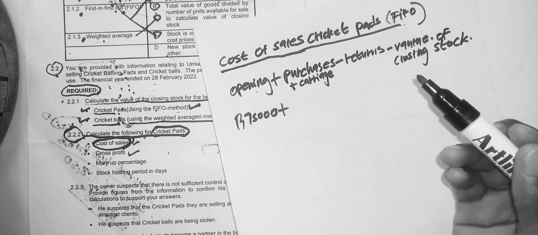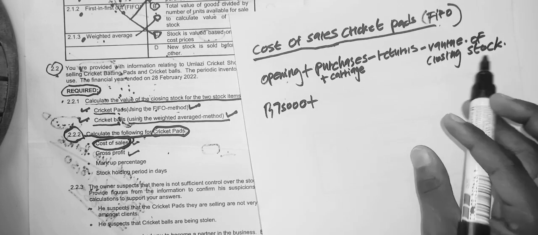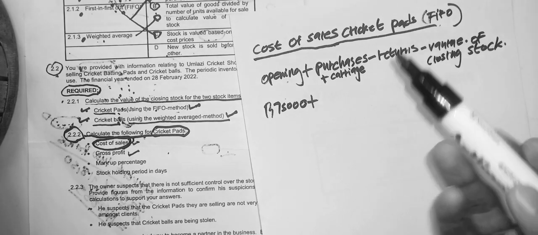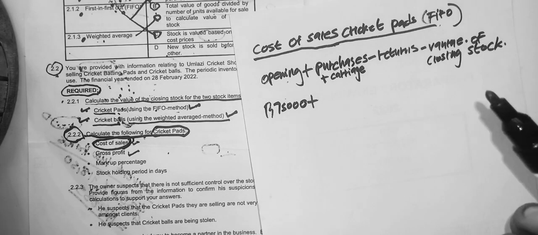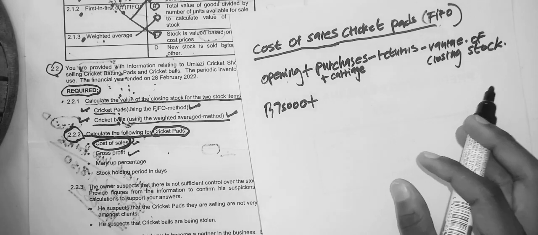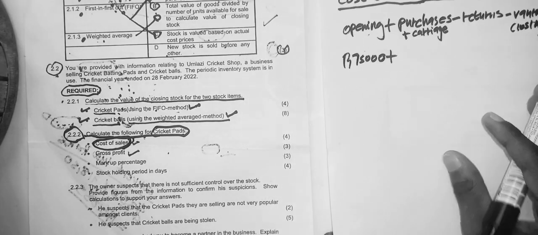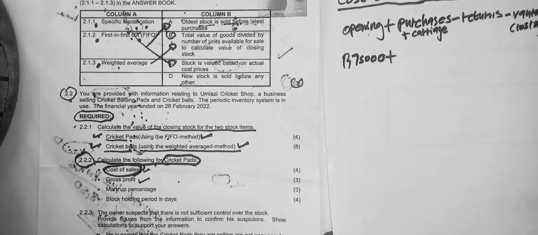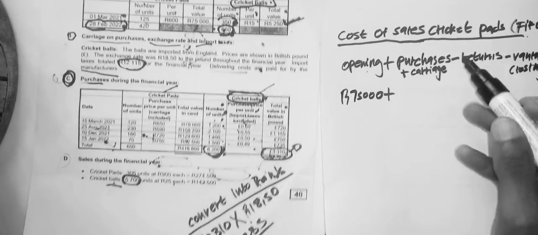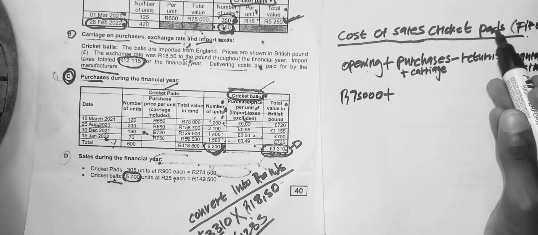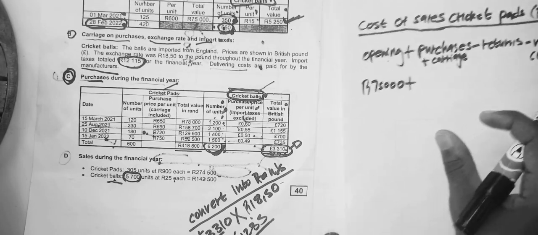So other than that, let's continue and follow our formula. Opening plus purchases plus carriage minus returns minus value of closing stock. That's cost of sales for you. So now let's get our opening. Okay, turn our page to our information. Remember, they said we must calculate for cricket pets, which means we are going to be focusing only on cricket pets.